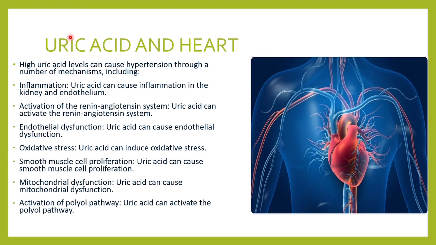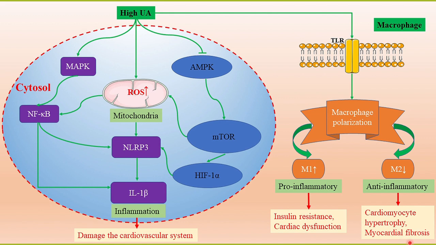So uric acid can also affect the heart. अभी आपको पता ही है कि uric acid से BP बढ़ सकता है, and when BP is high, it can affect the functioning of the heart. It will put the load on the heart, and also because of this high uric acid there is damage to the cardiovascular system, damage to the heart muscles because of inflammation, oxidative stress, mitochondrial damage, etc. It can damage the heart.